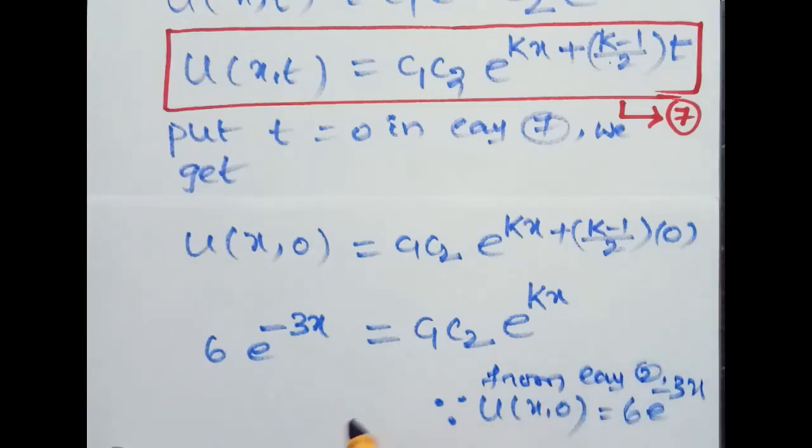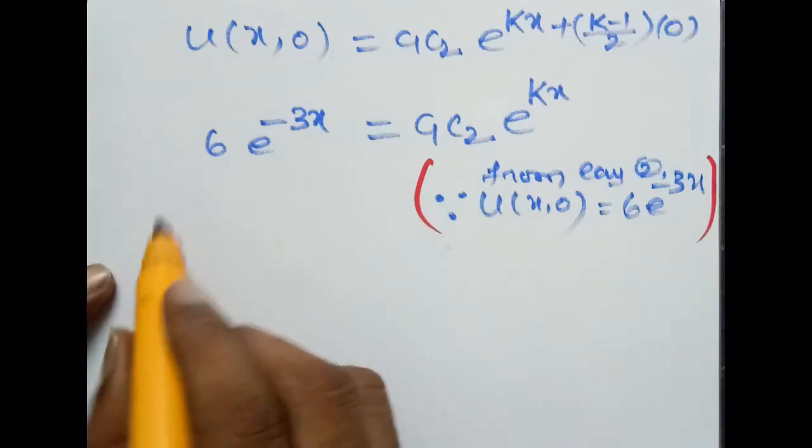Now equating the coefficients on both sides, c1 c2 is equal to 6 and k equal to minus 3, equating the corresponding coefficients on both sides.